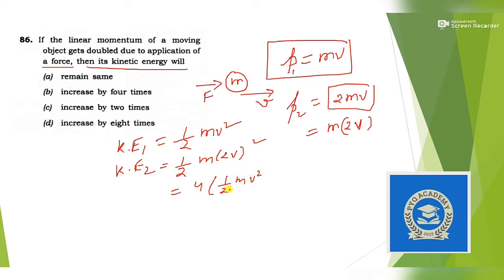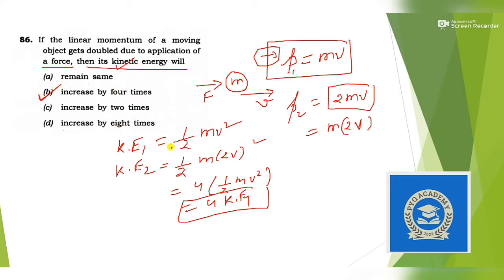That is nothing but 4 KE1. That means applying a force which doubles the momentum, at the same time increases the kinetic energy by 4 times. So our answer is option B.